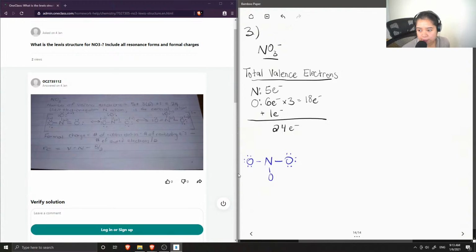If we recall that each bond contains 2 electrons, I have so far drawn 10 electrons and I need 24. So notice that nitrogen doesn't have a full octet yet, so I'm going to draw a double bond and fill it out. And now let's count out how many electrons are here.